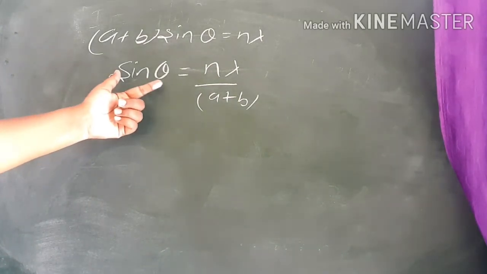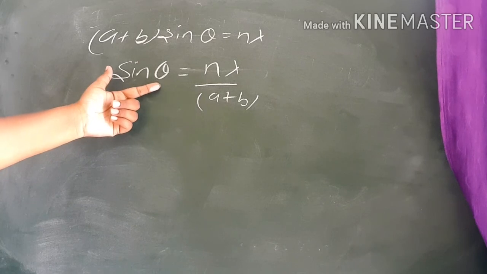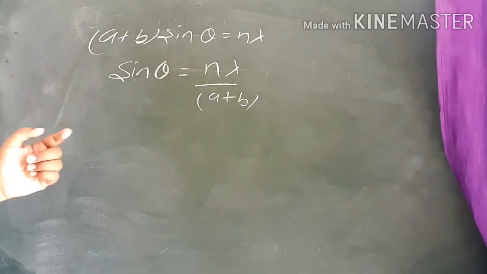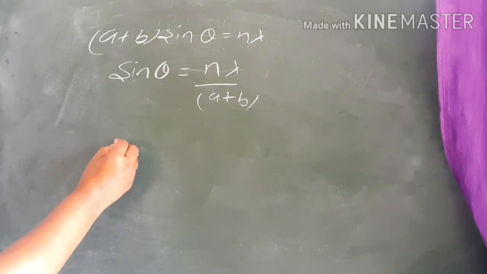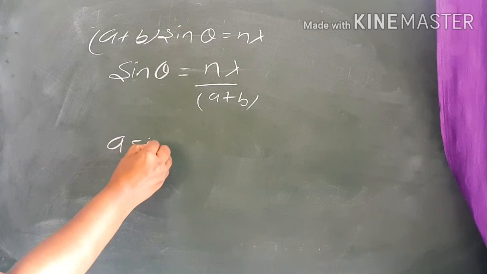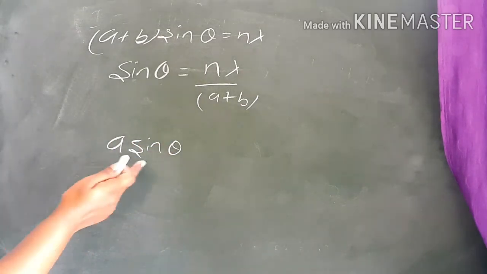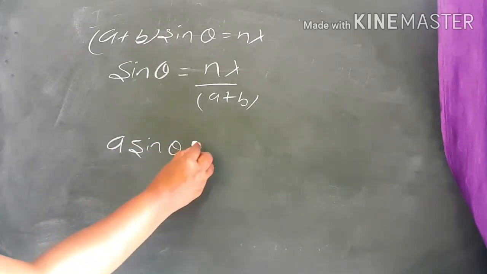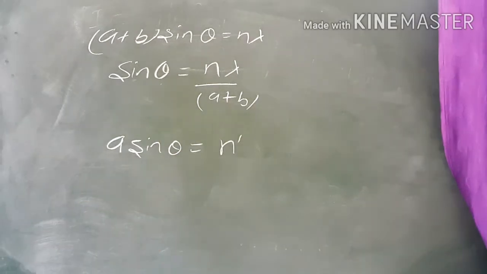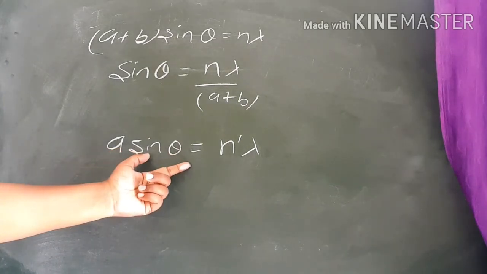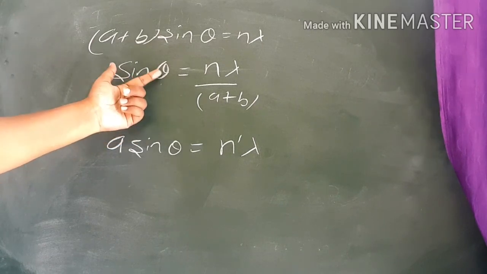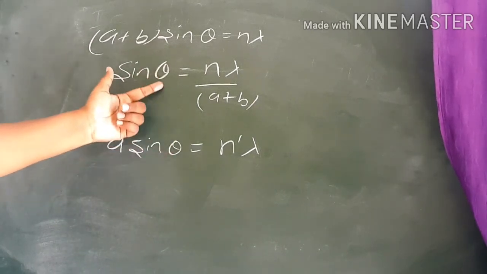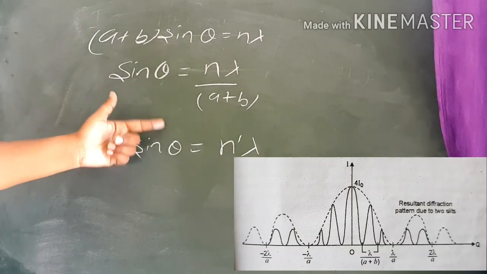And suppose for the same angle the diffraction minima also happens, then the condition for diffraction minima is A sine theta, the path difference for diffracted rays, is equal to n dash lambda. This is the condition for diffraction minima, and that was the condition for interference maxima, and both happen at the same angle.